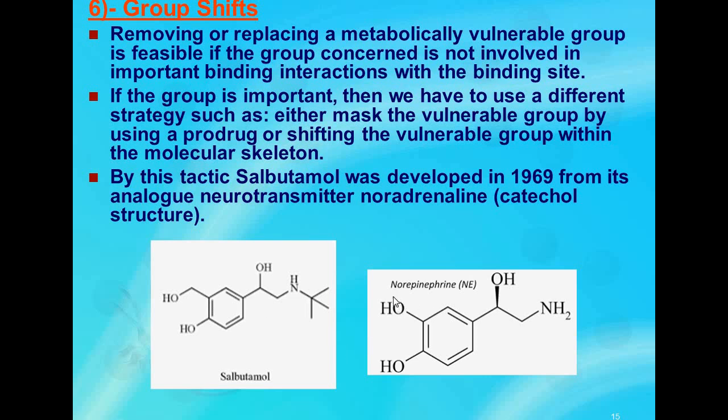While moving this vulnerable OH group out from the ring by 1 carbon unit, as in salbutamol, makes this compound unrecognizable by the metabolic enzyme and also not affecting the receptor binding site, which means it will prolong the action of salbutamol.